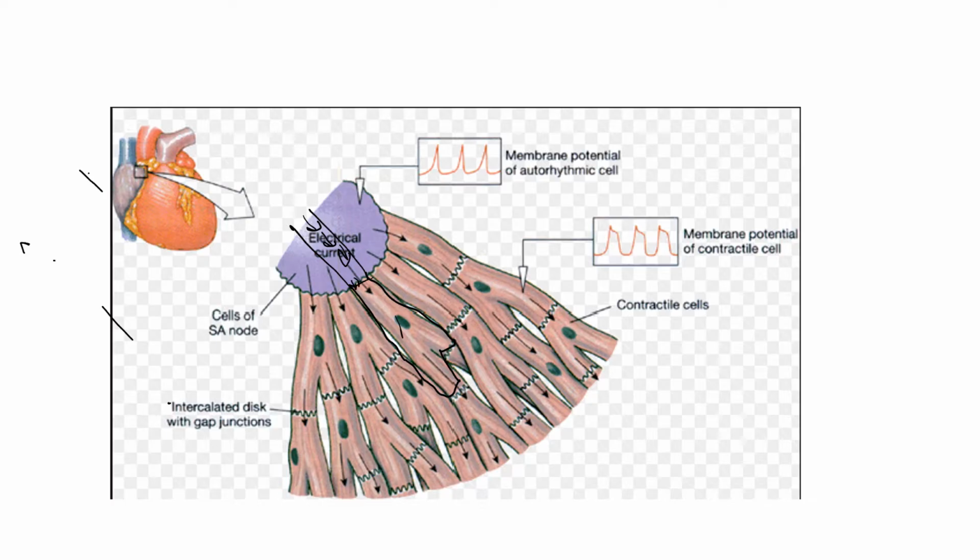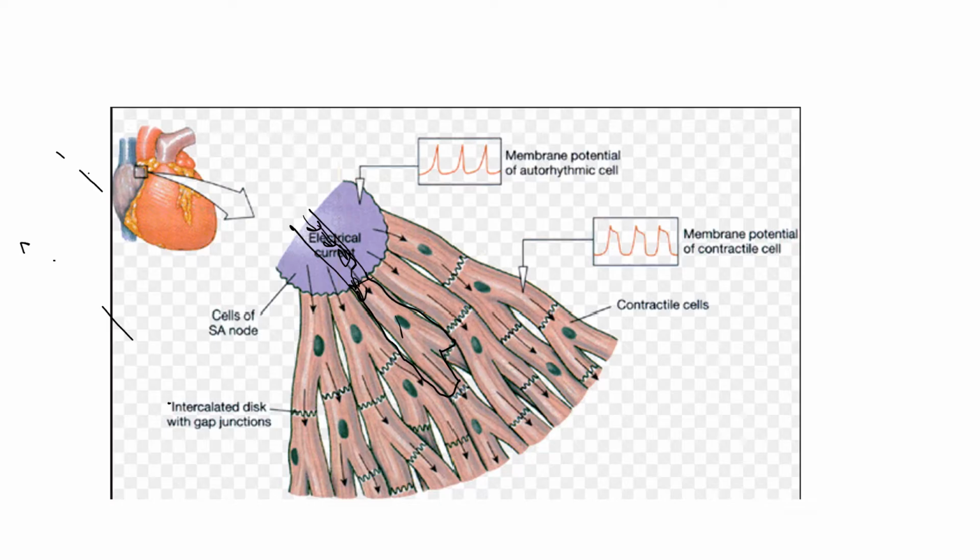So if the action potential travels down the sinoatrial node fiber, then the action potential, which is just a wave of positivity, calcium ions in this case, can travel through the gap junction into the contractile fiber that the SA node fiber is attached to.